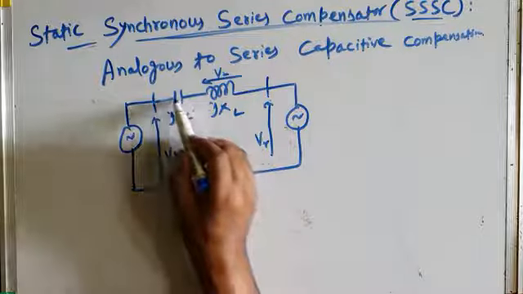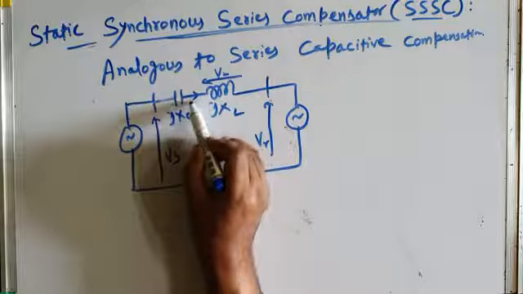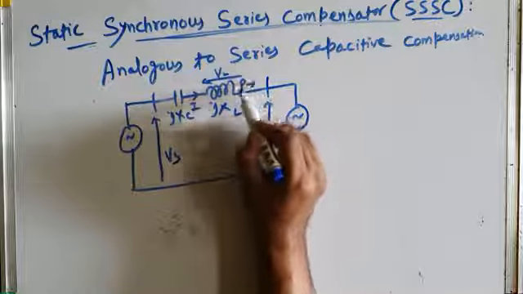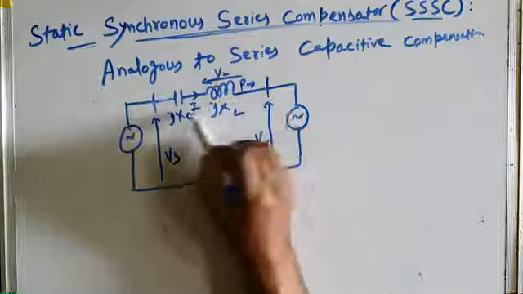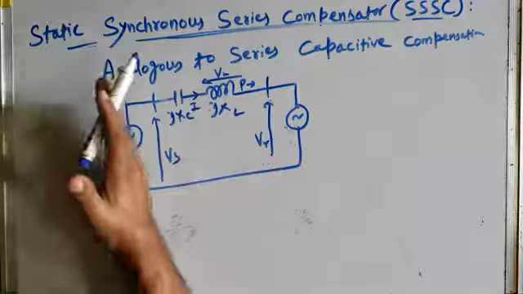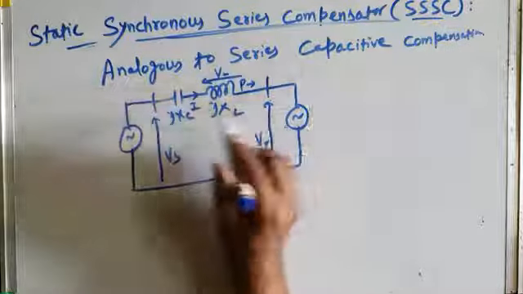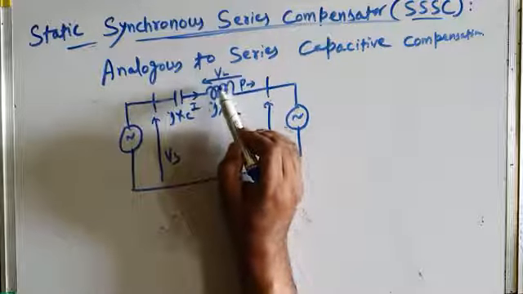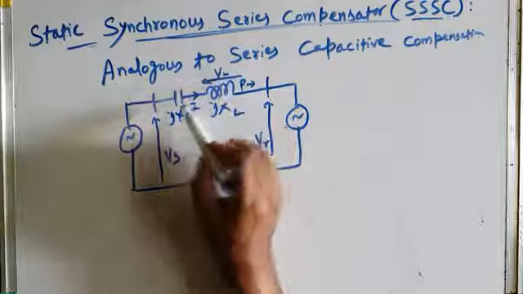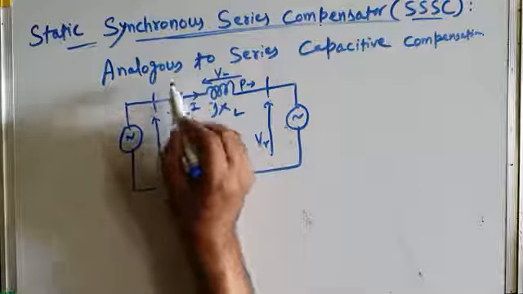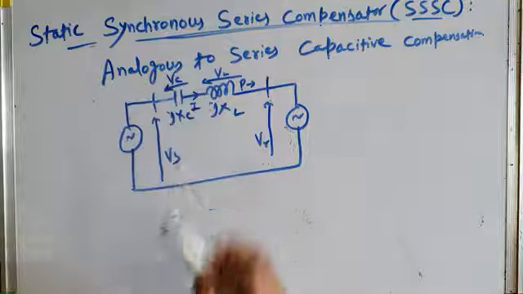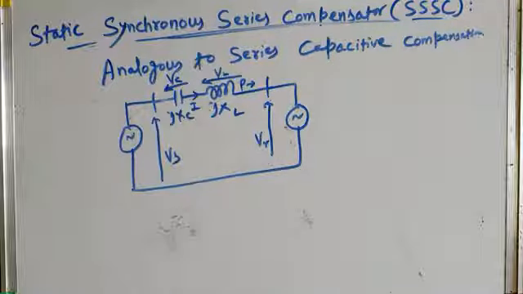And when we put a capacitor in series with this, and suppose power is flowing from sending end to receiving end, the current will be in this direction. This current results in the voltage across the transmission line, which is VL. And this current, when flowing through this capacitive reactance, will cause a voltage across the capacitive reactance, which is VC, like this.